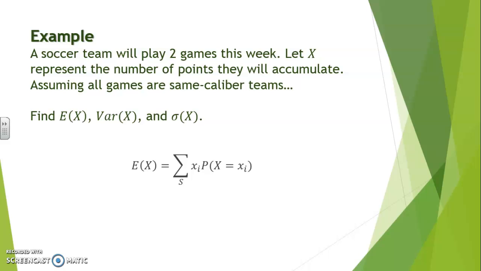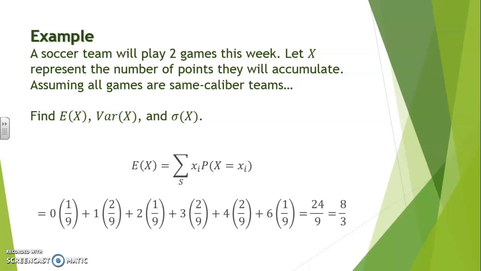So by definition, the expected value is the sum of all the values of X in the support times their respective probabilities. Referring back to the numbers we saw earlier, we have 6 different possible values for X, 0, 1, 2, 3, 4, and 6, which we've multiplied with their corresponding probability.